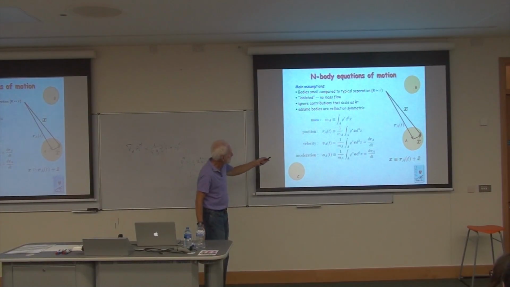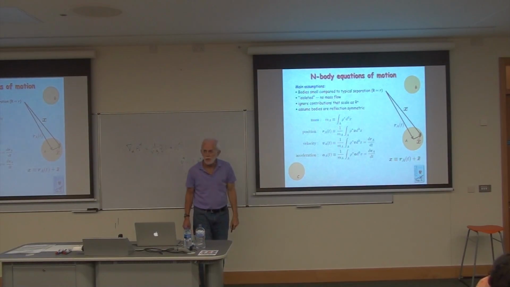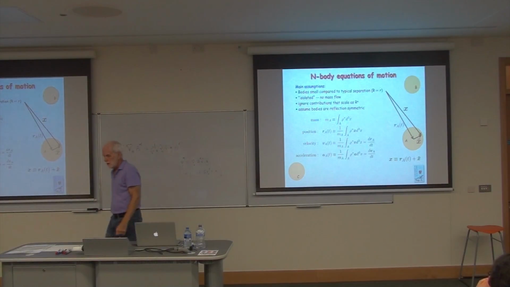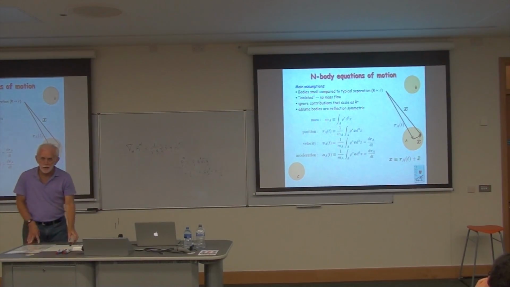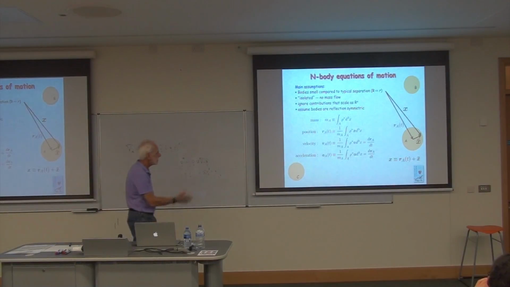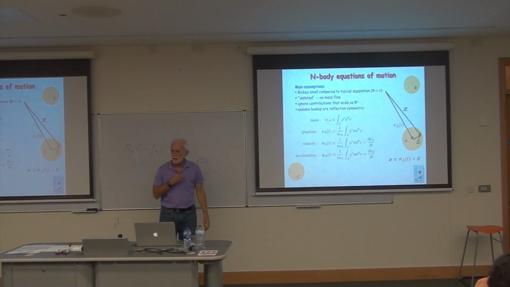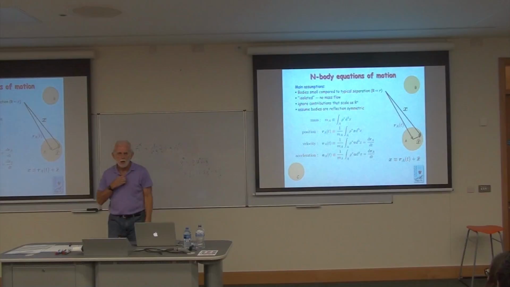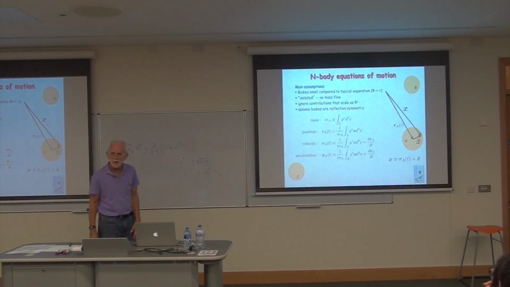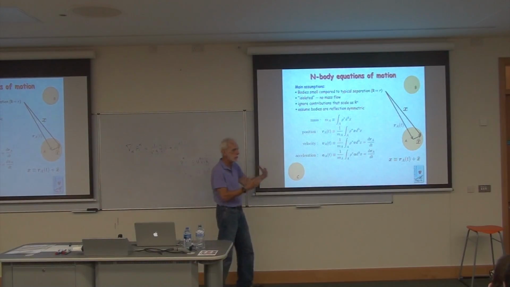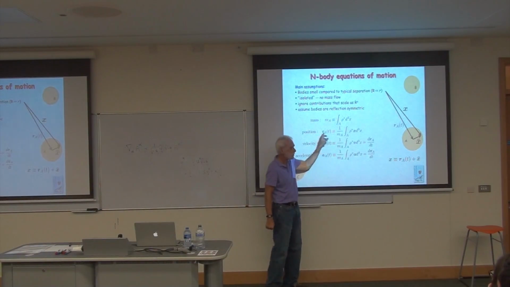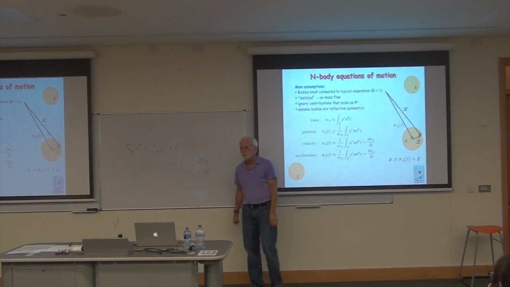We're going to define the center of mass of the body in the same way as we did in Newtonian theory. It's a simple three-dimensional integral of rho star x divided by the mass. In Newtonian theory, this was completely natural. In general relativity, it's not so obvious that this is the right definition. In fact, many papers, hundreds of papers, and several books have been written on how to define, in a completely rigorous and covariant way, the center of mass of a body in general relativity.